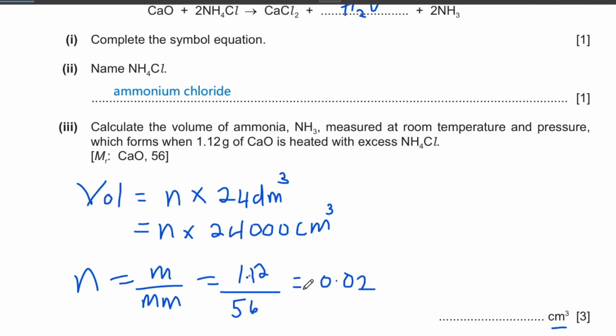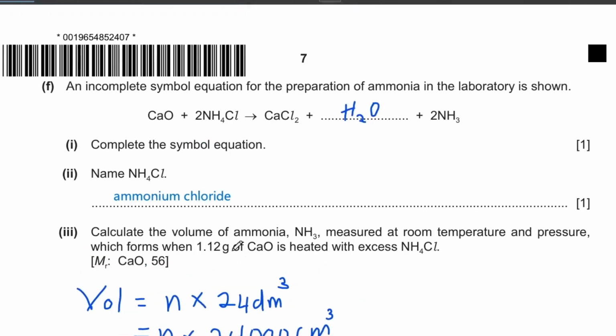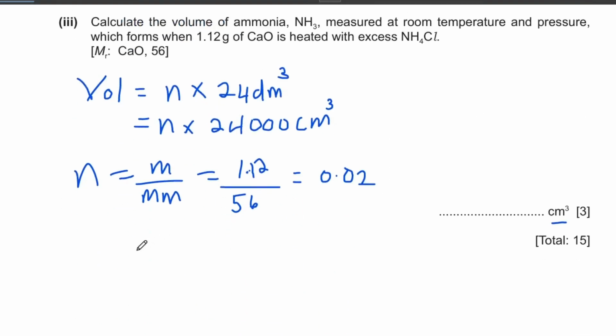Now we use the equation of the reaction, that is the mole ratio, to get the number of moles of ammonia. The mole ratio of calcium oxide to ammonia is 1:2. How do I know that? The mole ratio is the coefficients: the coefficient of calcium oxide is 1, and that of ammonia is 2. So 1 mole of calcium oxide gives 2 moles of ammonia, and 0.02 moles of calcium oxide will give an unknown, which we name n.